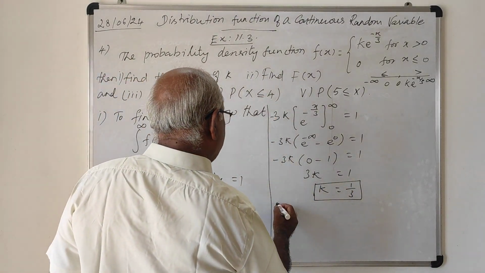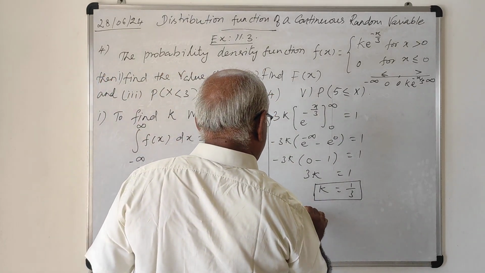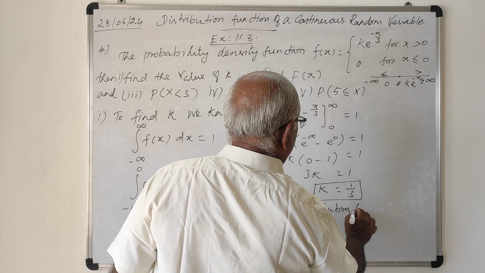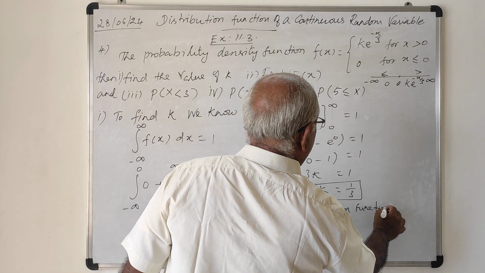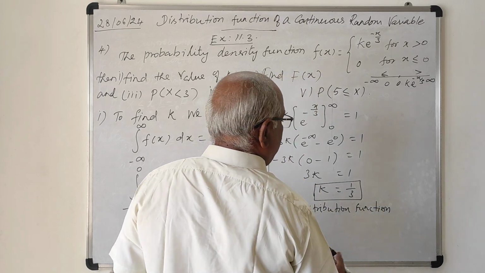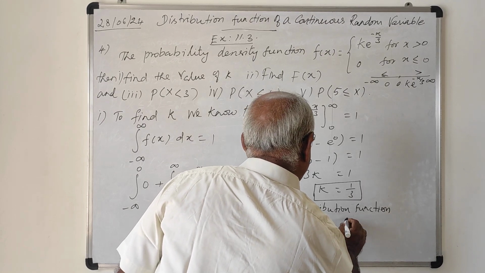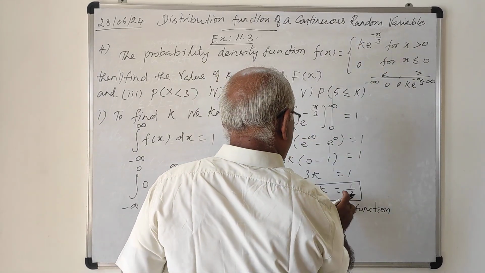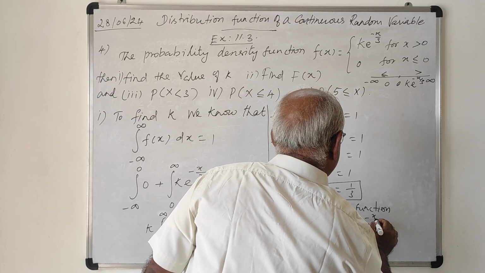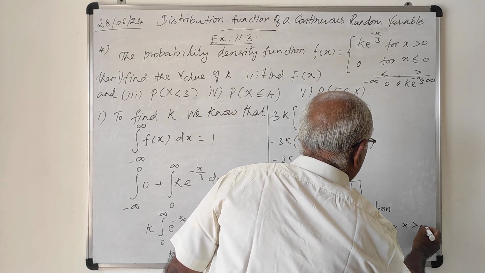Second, they want you to find the distribution function capital F of x. The distribution function capital F of x is equal to, instead of k, you write 1 by 3 e power minus x by 3 for x greater than 0.